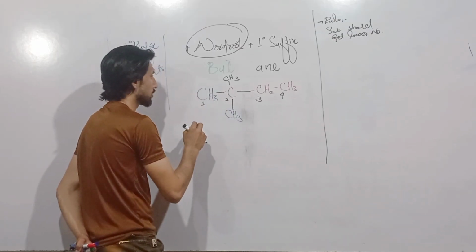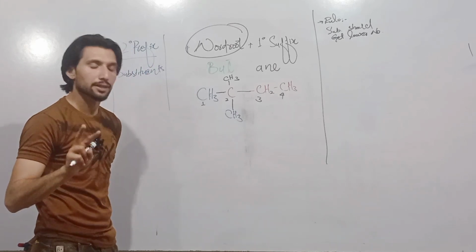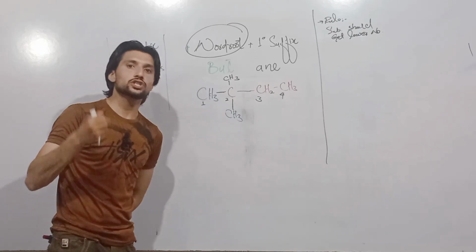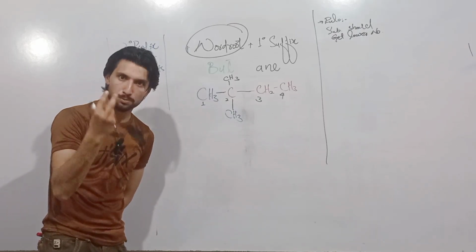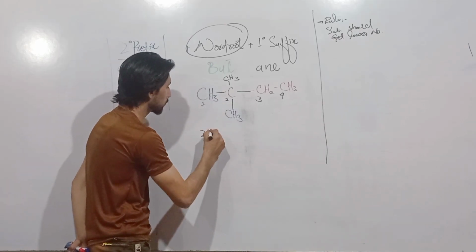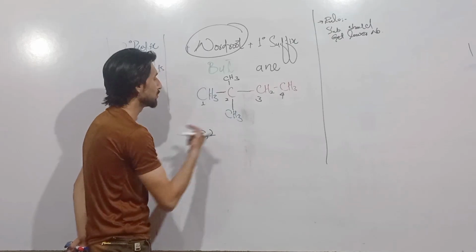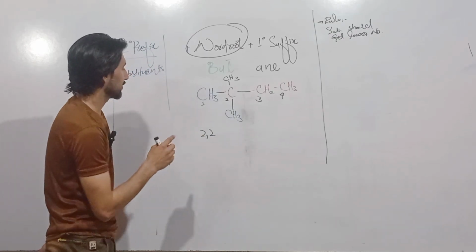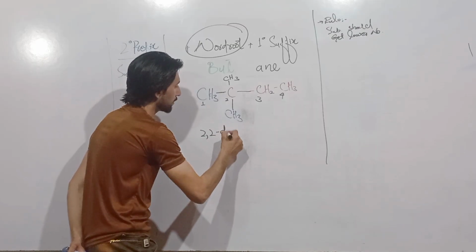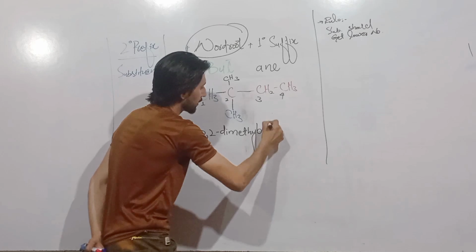We should mention the number of the carbon atom to which 2 substituents are attached twice. So we should mention 2 twice, 2, 2, and between the numbers I'm putting a comma. You must give heed to this. So 2, 2 dimethyl butane.